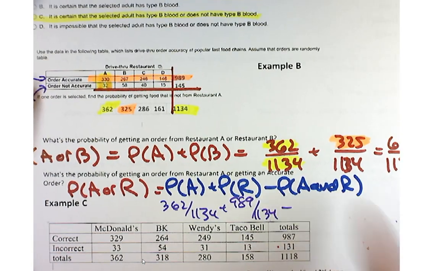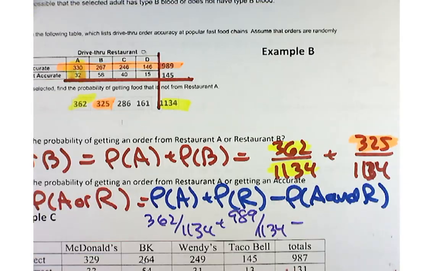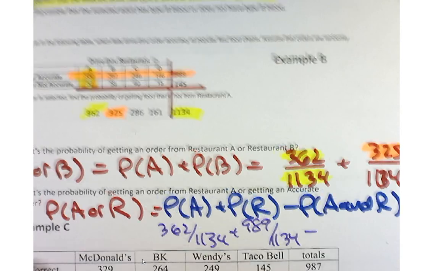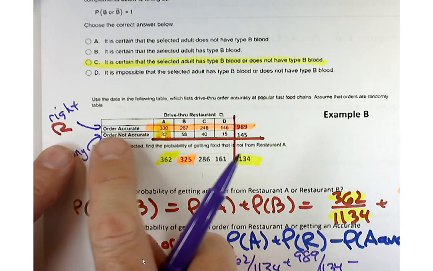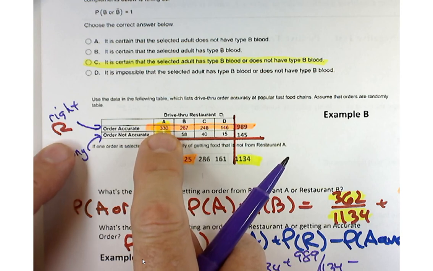But how many are in A and R? What does A and R actually even mean relative to this context, right? What does A and R mean, in words or numbers, whatever works for you? The probability of getting A versus an accurate order. All right, it's the probability of getting an accurate order from A, right?